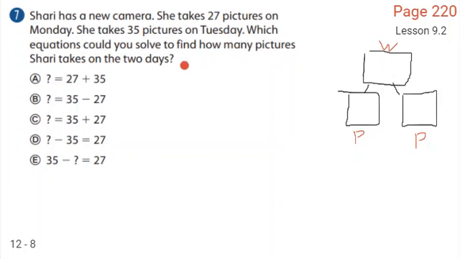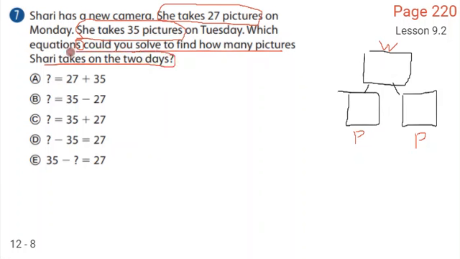Okay, so let's go back through here. Sherry has a new camera. She takes 27 pictures on Monday. She takes 35 pictures on Tuesday. And it says which equations, and I'm going to circle that, that's multiple. That means more than one. Equations could you solve to find how many pictures she takes on the 2 days?